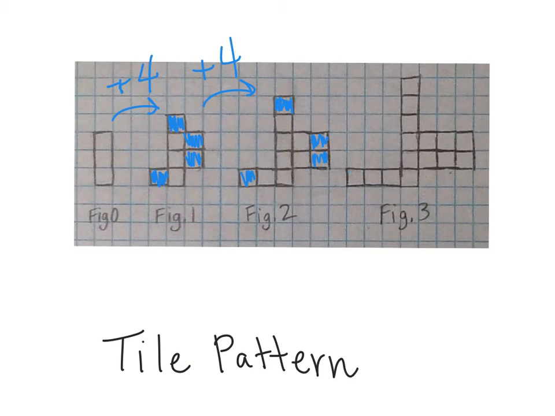And for figure 3, from figure 2, 4 pieces have been added. So this indicates the growth in the number of tiles is 4 tiles every time there's a consecutive figure number. So the growth is 4.